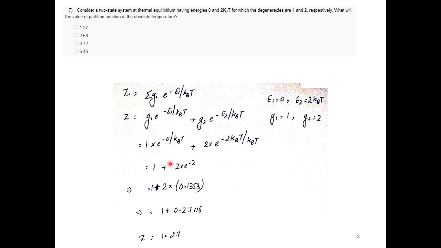So 1 plus 2 into e to the power minus 2. If you consider e to the power minus 2, it is coming around 0.1353, so 1 plus 0.2706. So overall it is coming around 1.27. So the answer is A.